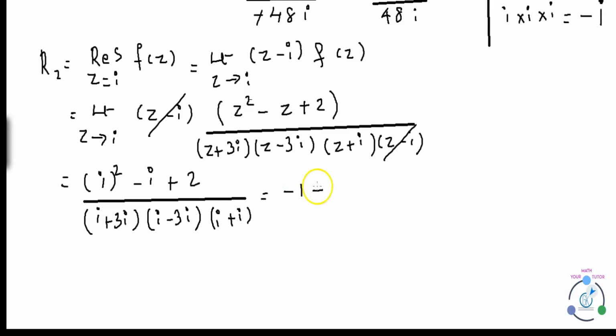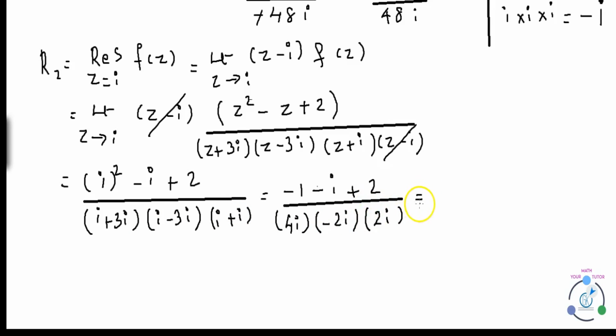I square is minus 1, minus i plus 2, by i plus 3i which is 4i, i minus 3i which is minus 2i, i plus i which is 2i, which is equal to 1 minus i by 16i.